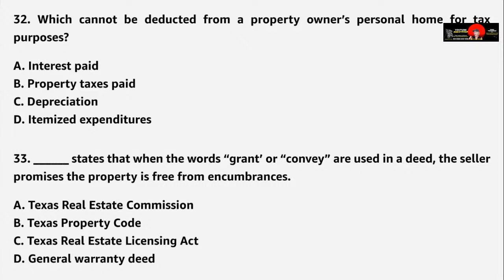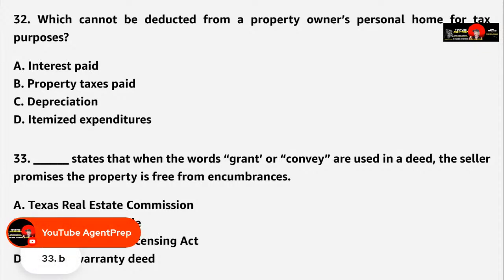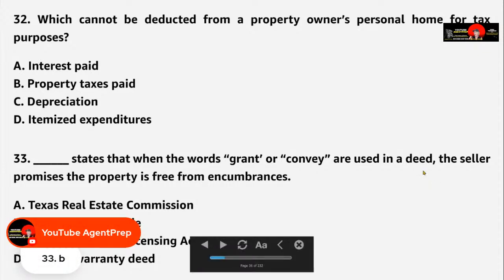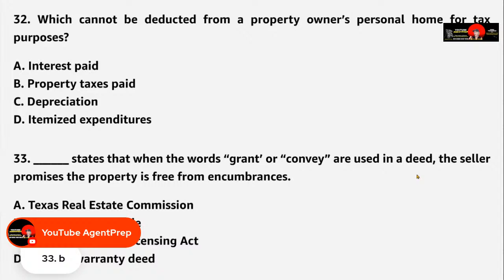Okay, 33B. Got it? Everyone got that one wrong. Everybody said general warranty deed. Why? Because it said used in a deed. But it says some document states that when the words grant or convey are used in the deed, the seller promises the property is free and clear, free from encumbrances.